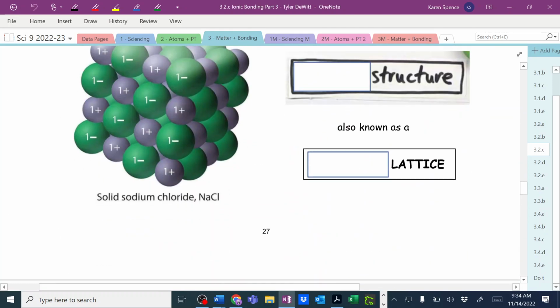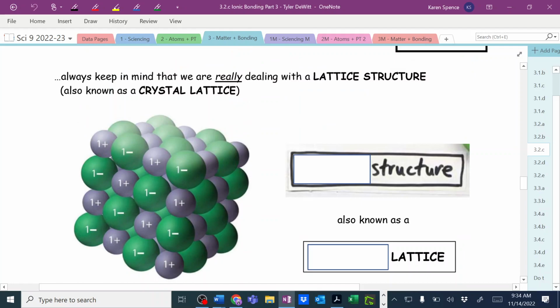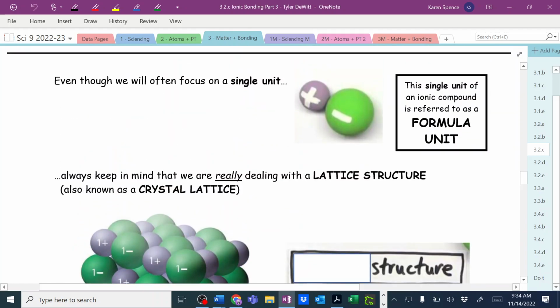Okay, so this is on page 27, and at the bottom of the page, we have a single unit, and we will actually often focus on a single unit. How likely is it to actually end up in nature with a single unit of an ionic compound?